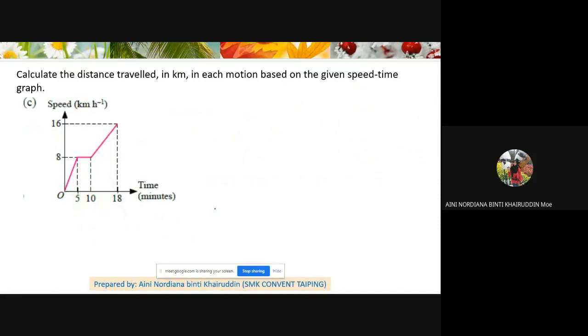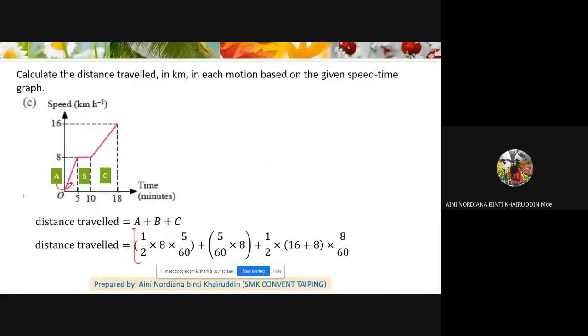Soalan C. Ini pun sama boleh pecahkan kepada 3 bahagian. A tu yang ni. So A bentuk triangle, B rectangle, C trapezium. So masuklah value area of A, B and C. Tapi yang ni kena hati-hati.